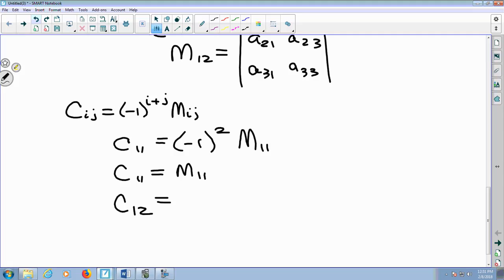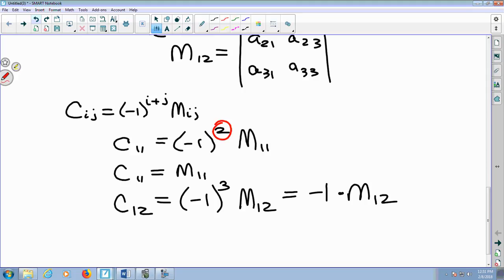Now let's calculate C12. C12 is equal to -1 to the i plus j power, and i is 1 and j is 2, so 1 plus 2 will give us 3, times M12. Now, -1 to the third power equals -1, so C12 is -1 times M12. So we see when i plus j adds up to be an even number, then C11 is simply equal to M11, because -1 to an even power makes it equal.